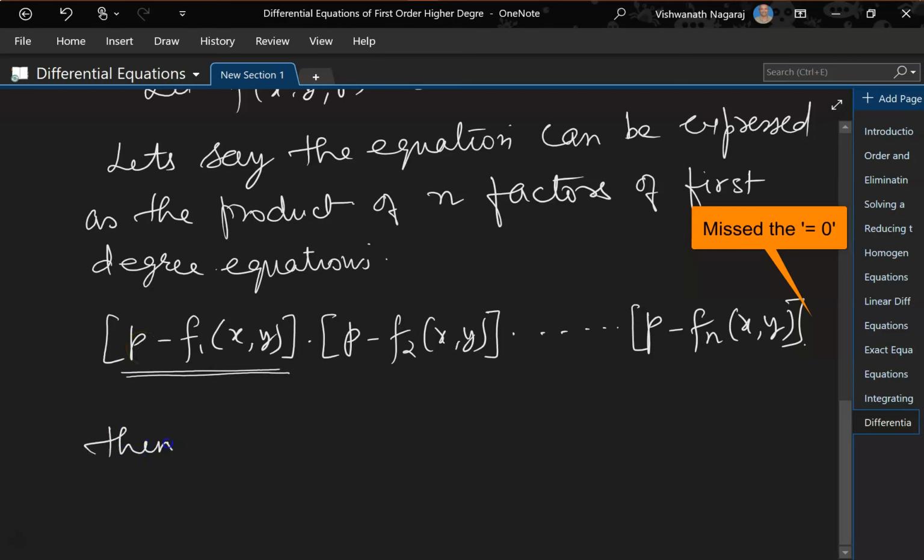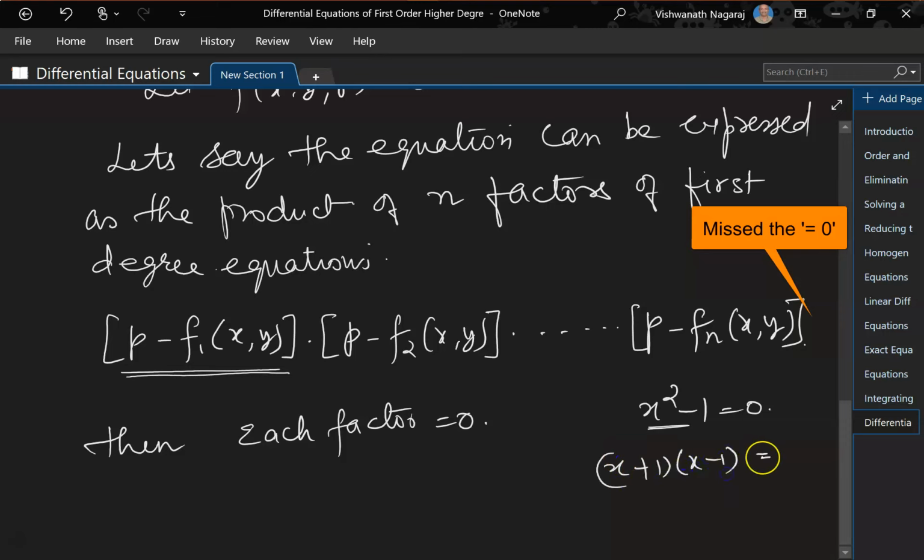Okay, then in that case each factor would be 0. Now what does all this mean? See, for example, I'm not going to talk in terms of dy by dx. I'll just talk in general of a very simple equation like x square minus 1 equal to 0. Now this can be factorized, x plus 1 times x minus 1 equal to 0.